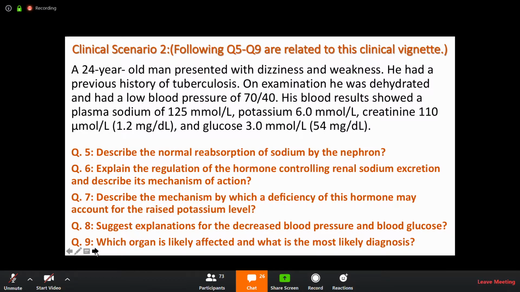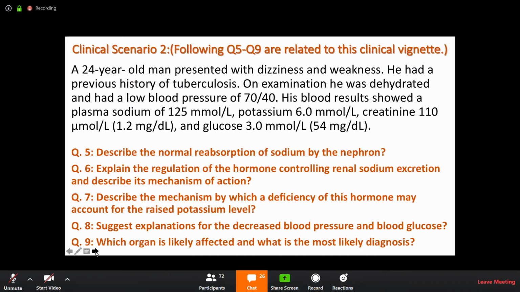The second part is the thick ascending limb. The thick ascending limb is where sodium is reabsorbed by the sodium-chloride-potassium co-transport mechanism, which is responsible for reabsorption of sodium in the thick ascending limb of the loop of Henle.